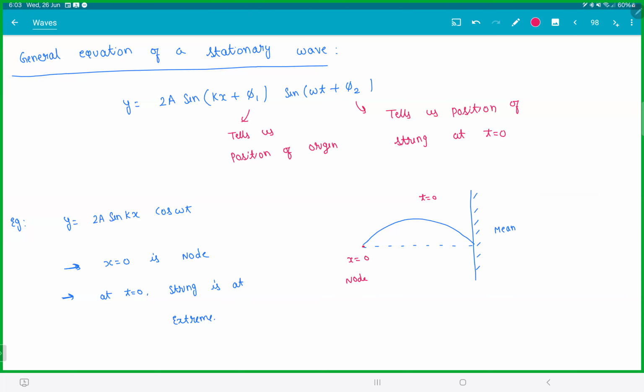Making sense? So when the string is oscillating, at this instant, when you started watching your motion, this equation belongs to this one.